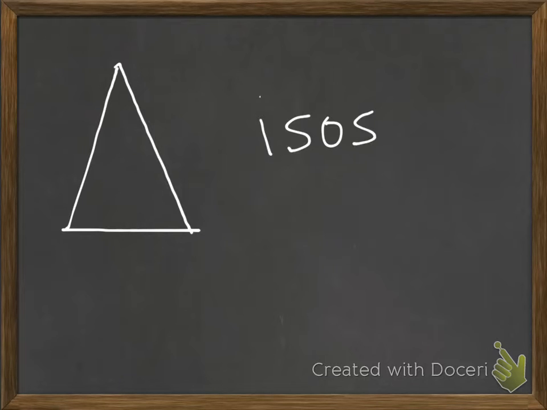All right, let's practice. I'm going to give you a second. I want you to name this triangle by sides. If you guessed isosceles, you are correct. I want you to name this triangle by angles.